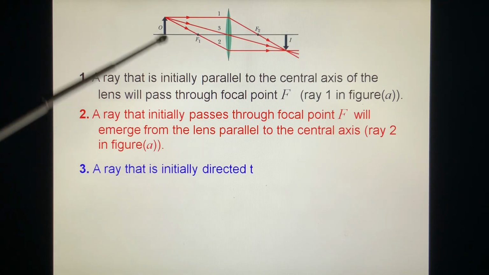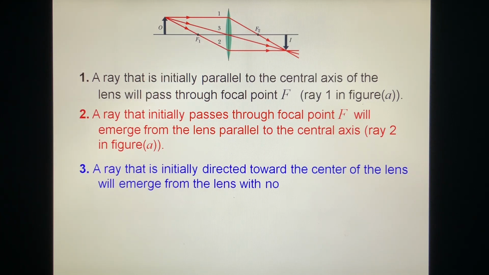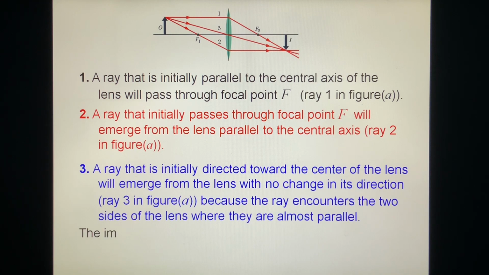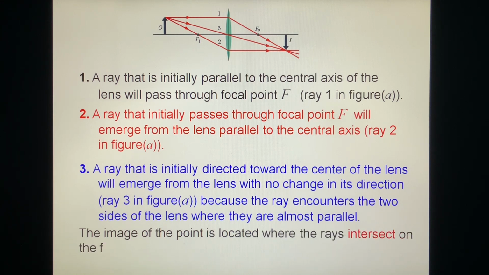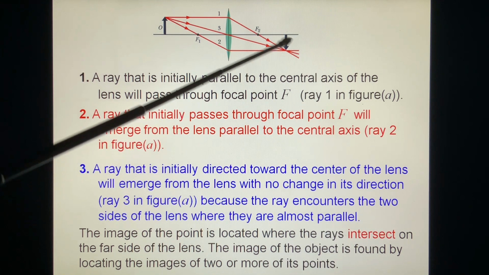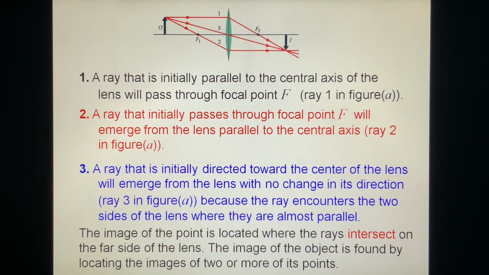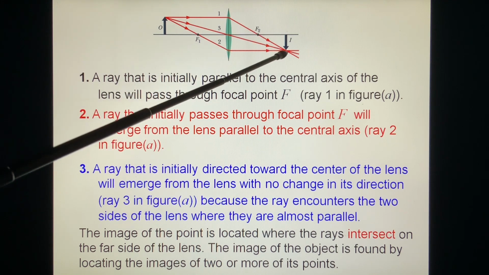A ray that is initially directed toward the center of the lens will emerge from the lens with no change in its direction, because the ray encounters the 2 surfaces of the lens where they are almost parallel. The image of the point is located where the rays intersect, on the far side of the lens. The image of the object is found by locating the images of 2 or more of these points.